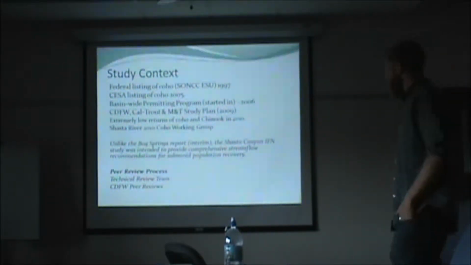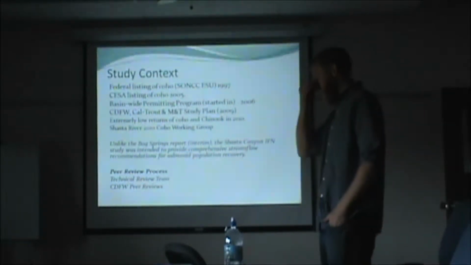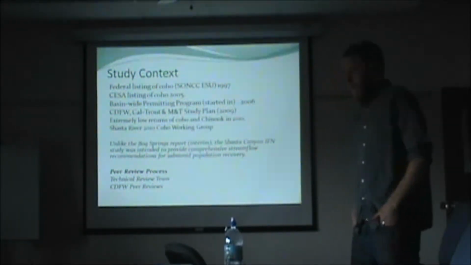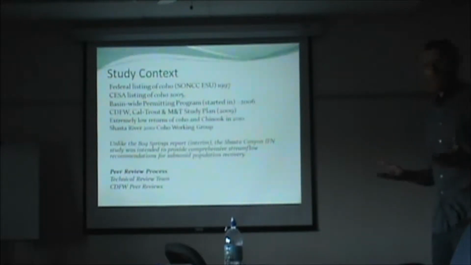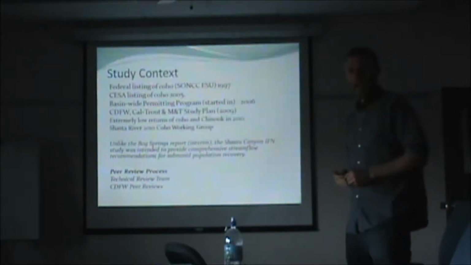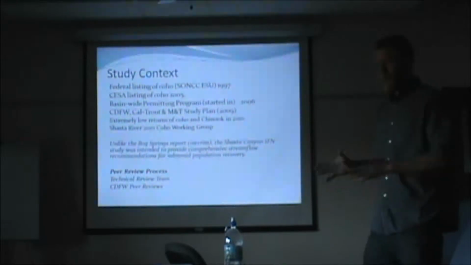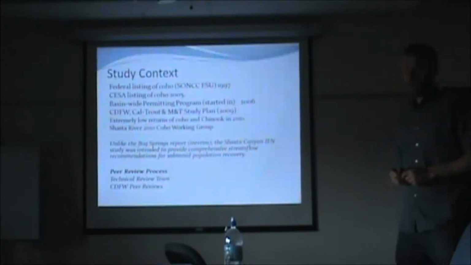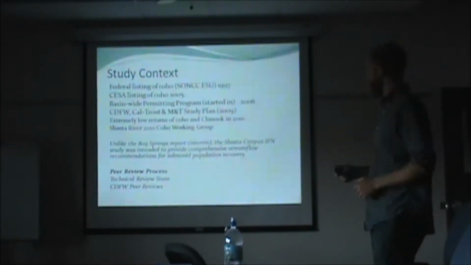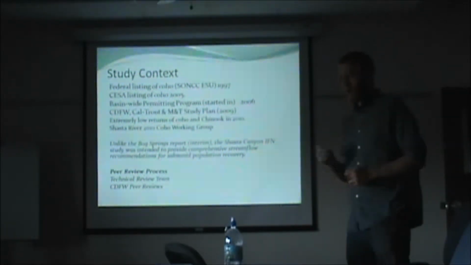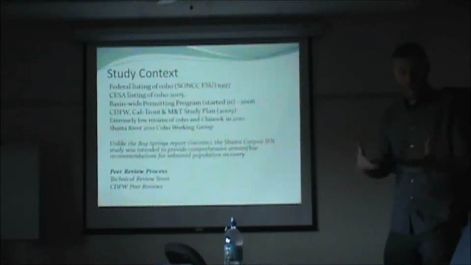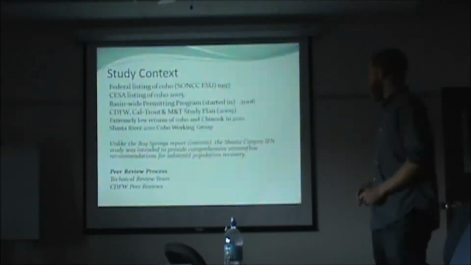And during that time, we had some real low returns of Chinook and coho, specifically in 2010. We were asked to look at two parts of the river. One was the Big Springs area below Lake Shastina, and the other was this reach down here in the Shasta Canyon. Those flow studies were a little different. The Big Springs flow study was initially triggered by this work in 2006, and it was supposed to be quick, interim, just give us some numbers to kind of know where we're going.